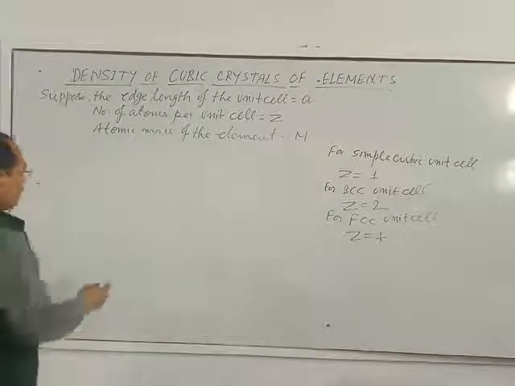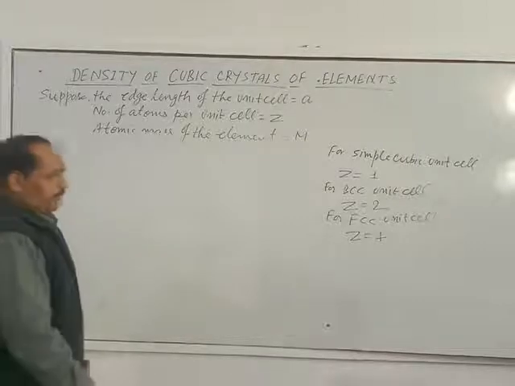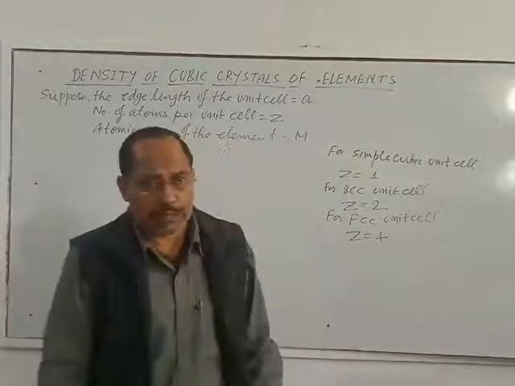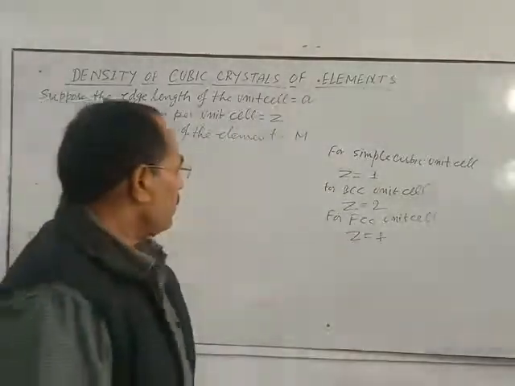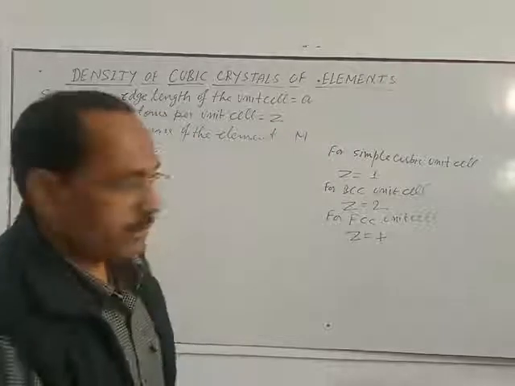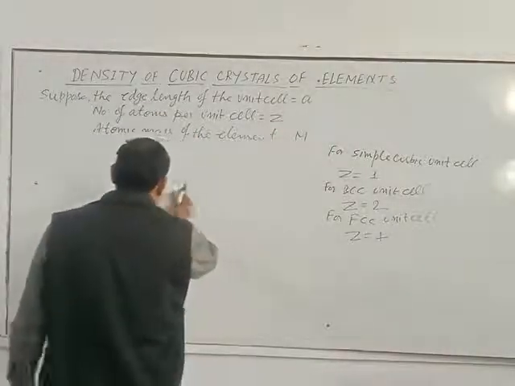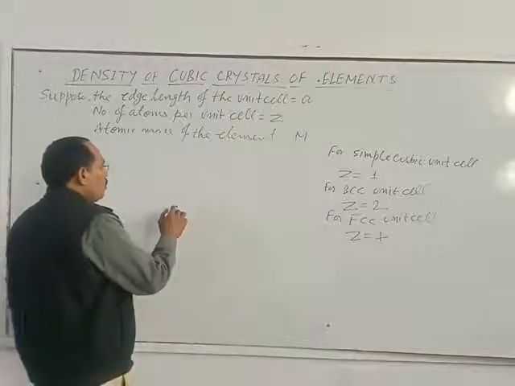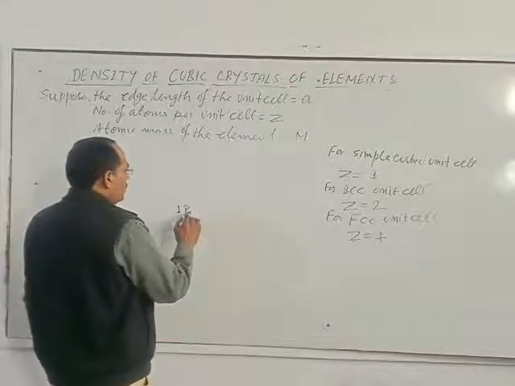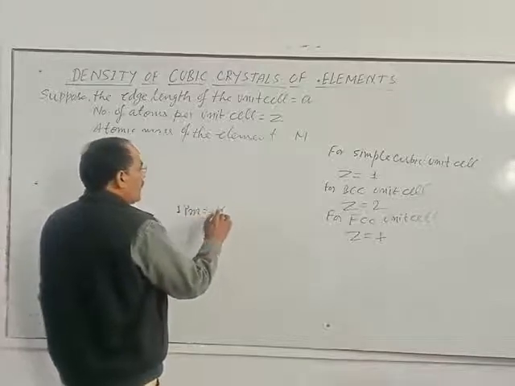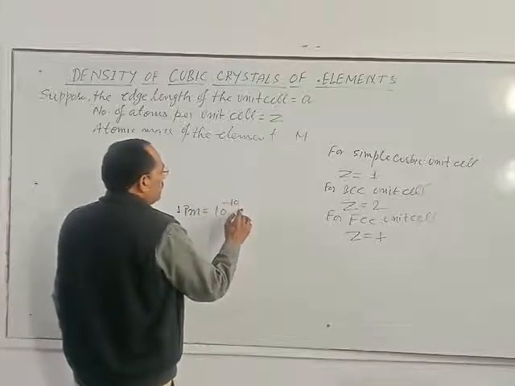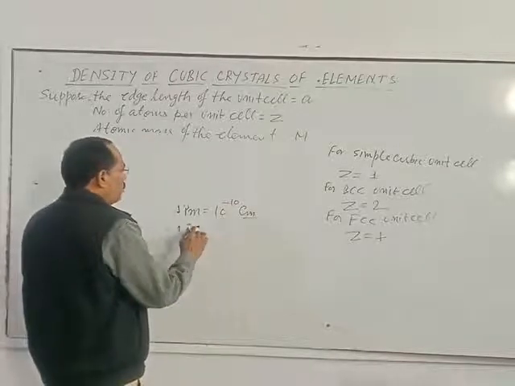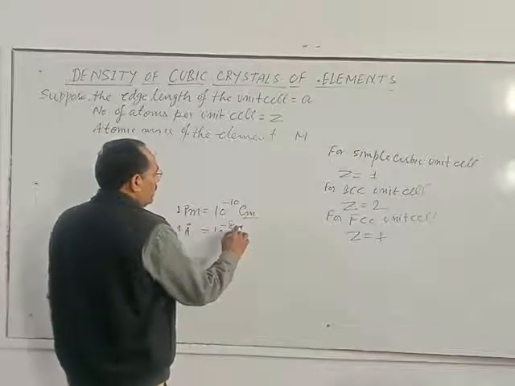Generally, edge length is given in picometer. So in order to calculate the value of density in gram per cm cube, a must be taken in centimeter. So what is the relationship between picometer and centimeter? 1 picometer equal to 10 power minus 10 centimeter, and 1 angstrom equal to 10 power minus 8 centimeter.